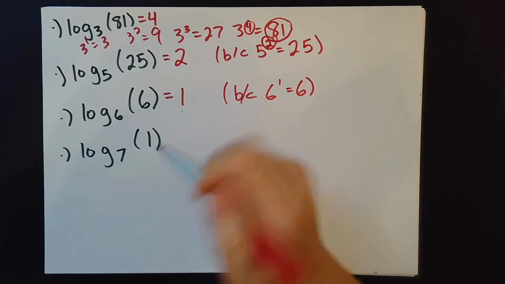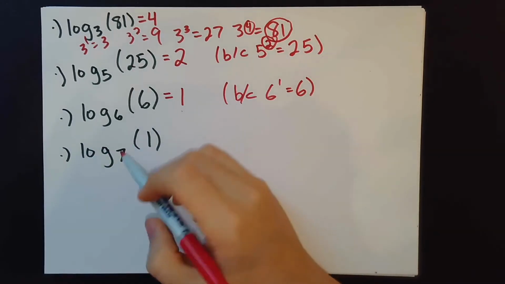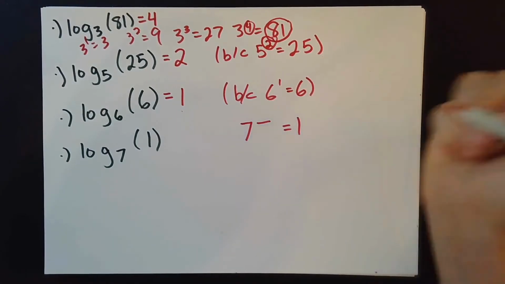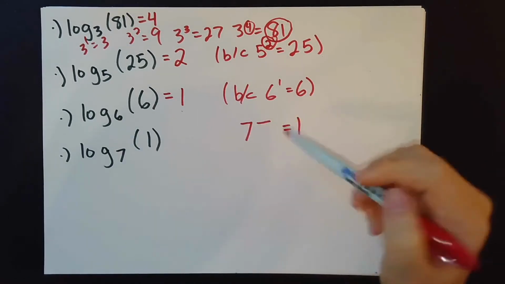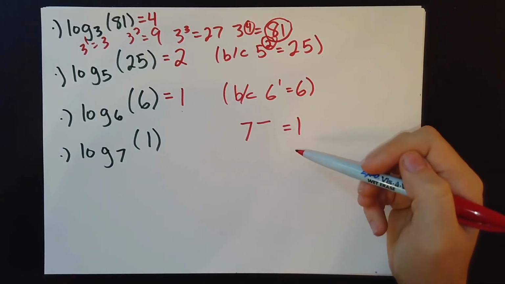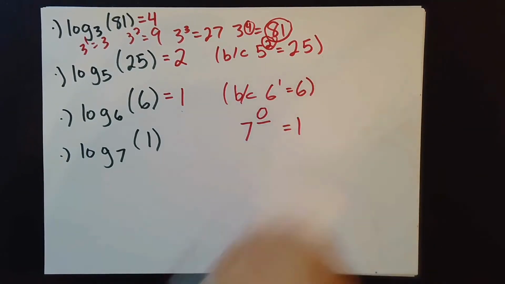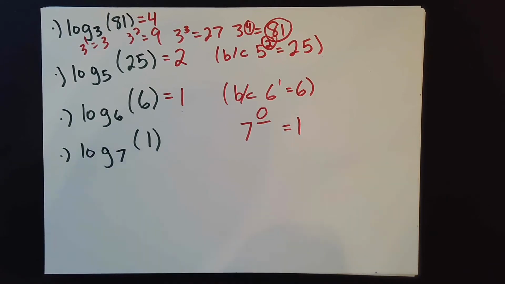And last of the ones I asked you to look at, log base 7 of 1. This is saying 7 to what power is 1? And so I have to think for a second, what powers of things give me 1? And the thing that gives me 1 is when I raise a number to the 0th power. Okay. So what power of 7 is 1?